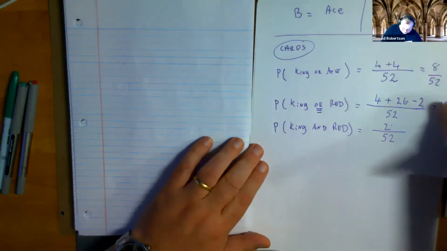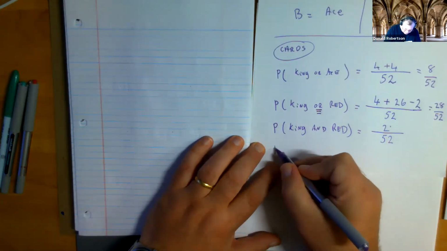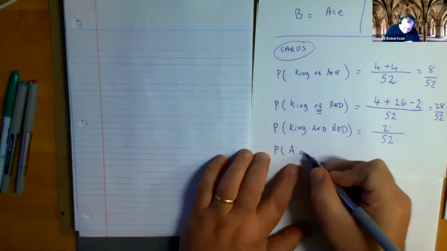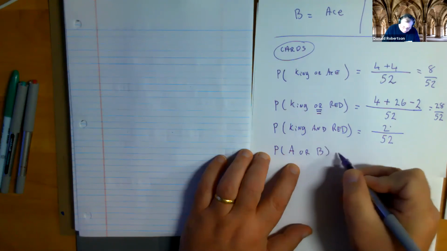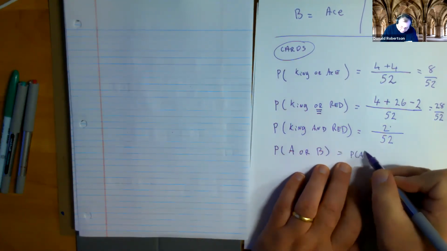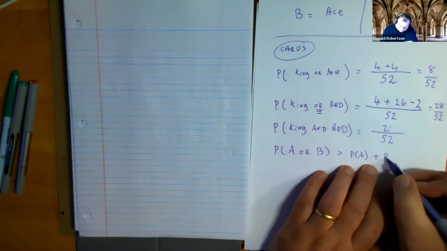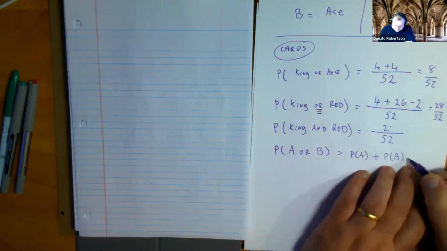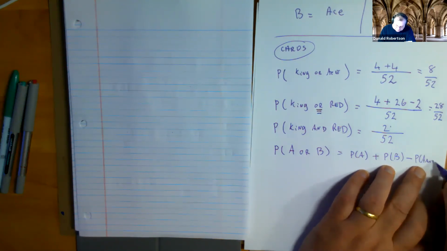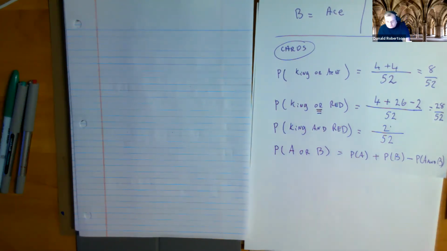So when you put this together in a general way, the probability that you get A or B, well, that could be any events at all, is the probability of A plus the probability of B, take away the probability that is A and B.